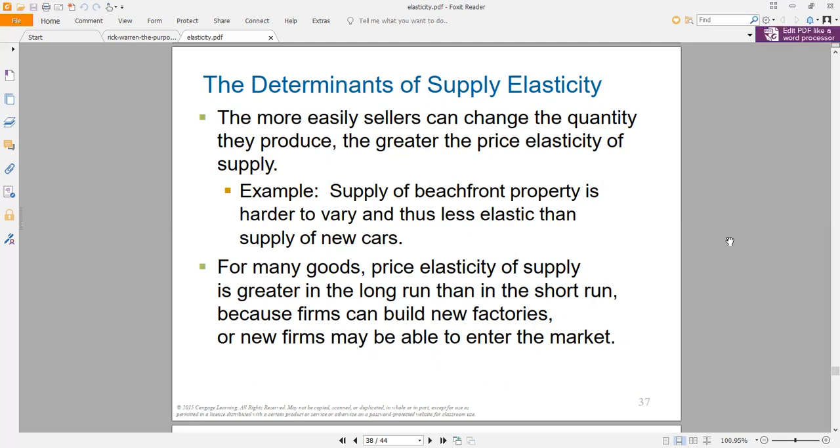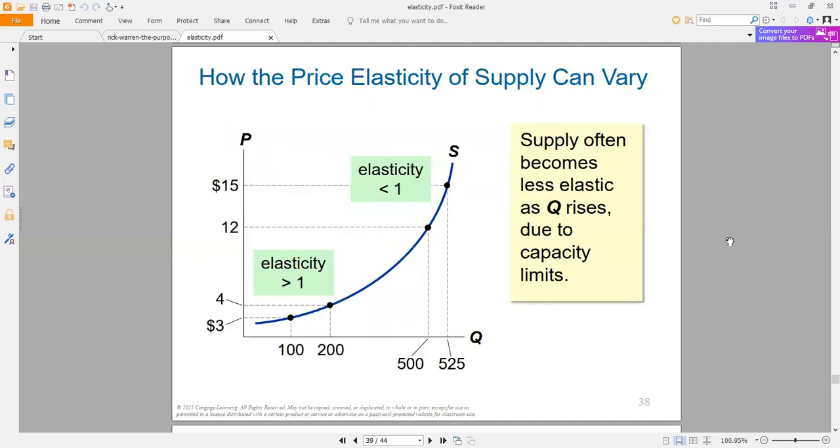Also, in terms of the long run and the short run, supply tends to be more elastic in the long run, because the firms are able to vary all their inputs. They can get new machines and all that, and even new firms can enter the market, so there's an increase in the quantity. So supply tends to be more elastic in the long run than in the short run.